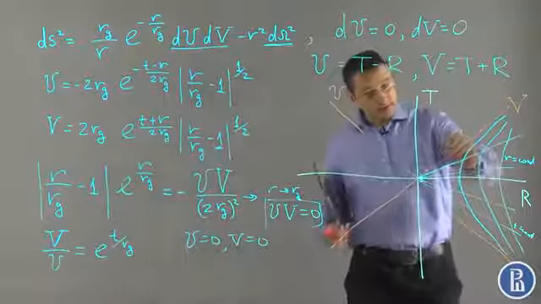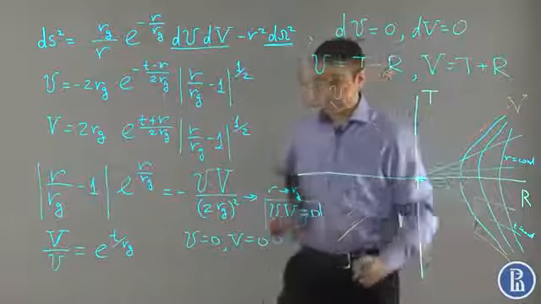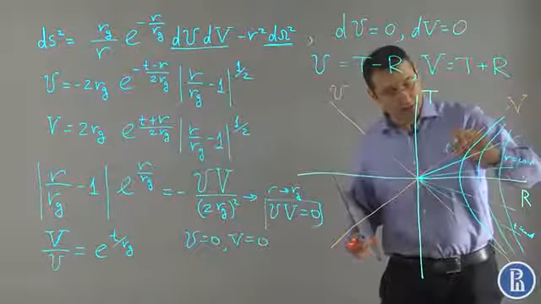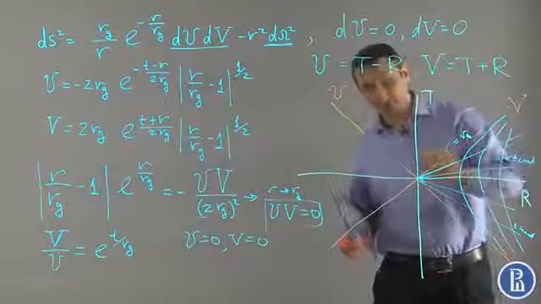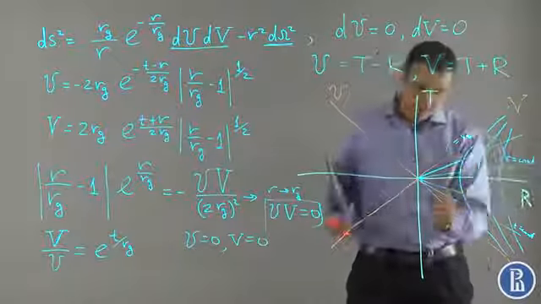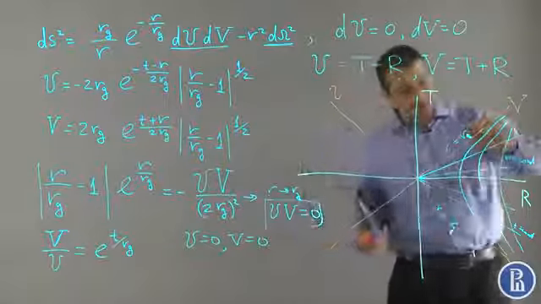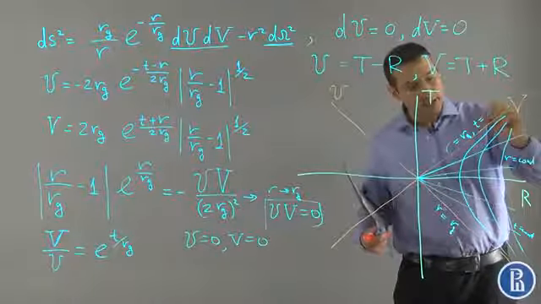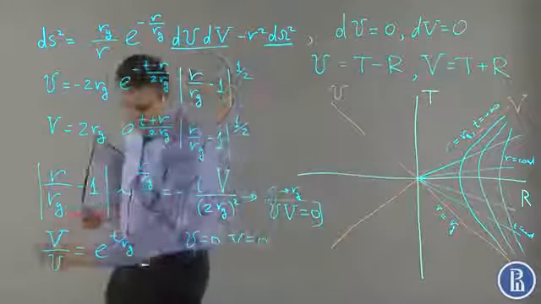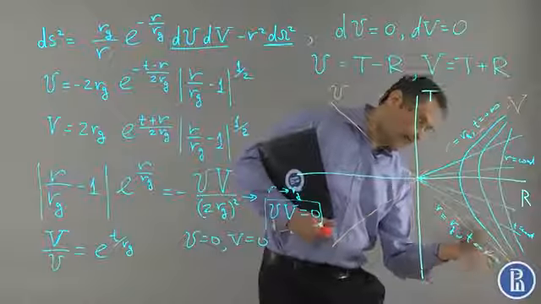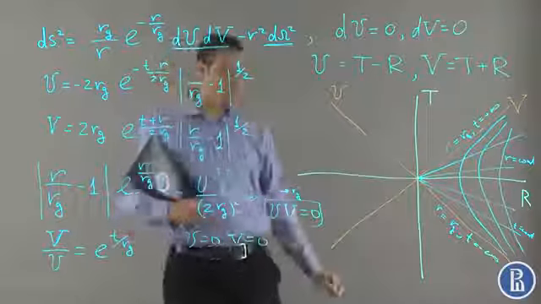So again, as one can see from this formula, this line corresponds to r equals rg. This is u equals 0, and this also corresponds to r equals rg. And simultaneously, this corresponds to t equals plus infinity, and this corresponds to t equals minus infinity, as can be seen from here.